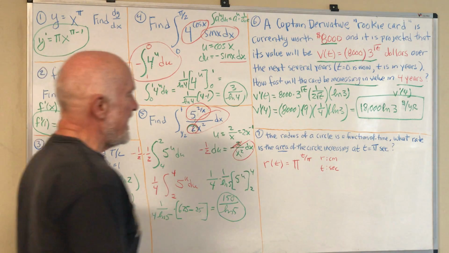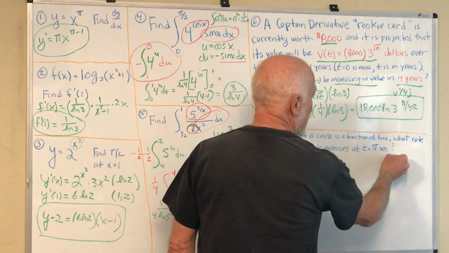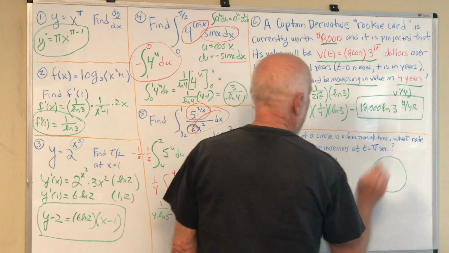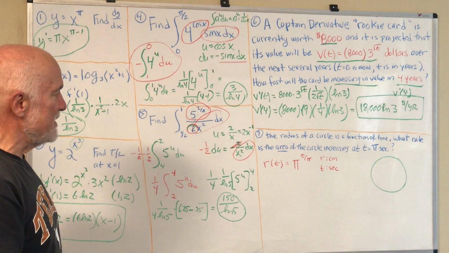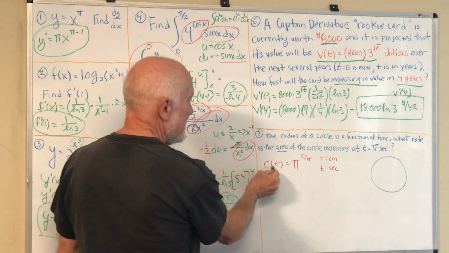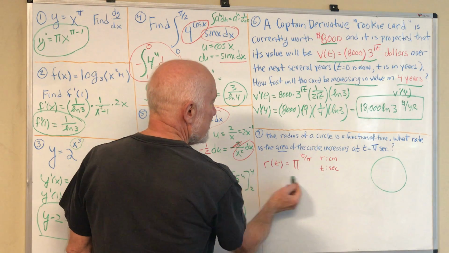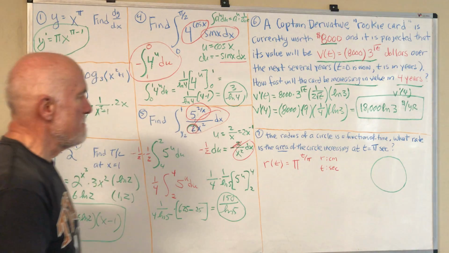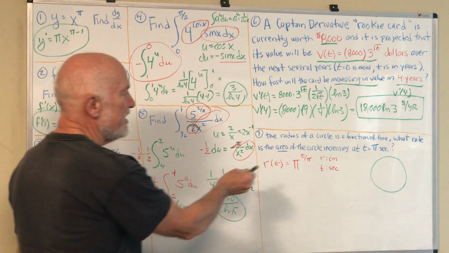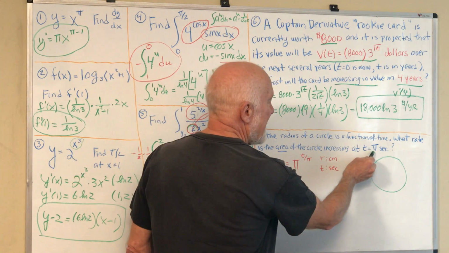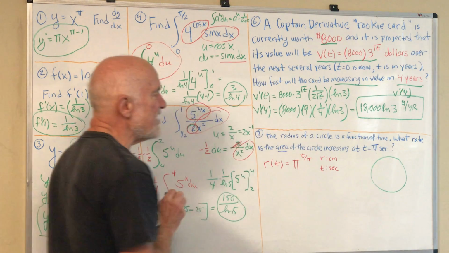Okay, so we're going to end up here with a circle. And that circle is changing as a function of time. So at time t, this is the radius of the circle. And we want to know how fast the area of the circle is increasing at time pi seconds.